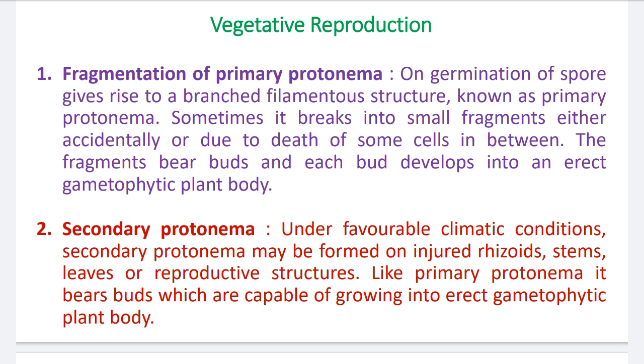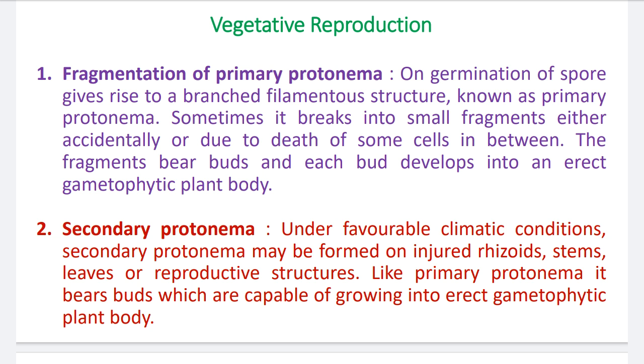Now the second type, secondary protonema. Under favorable climatic conditions, secondary protonema may be formed on injured rhizoids, stems, leaves or reproductive structures. Primary protonema develops after germination of spores, and secondary protonema develops from injured rhizoids, stems, leaves and reproductive structures.